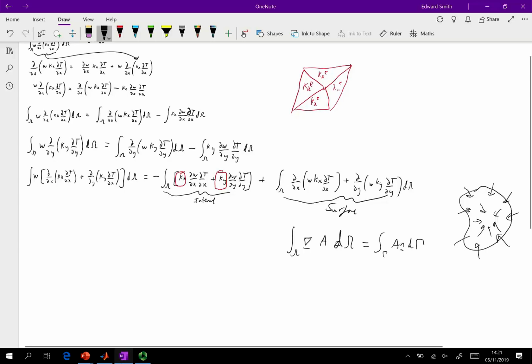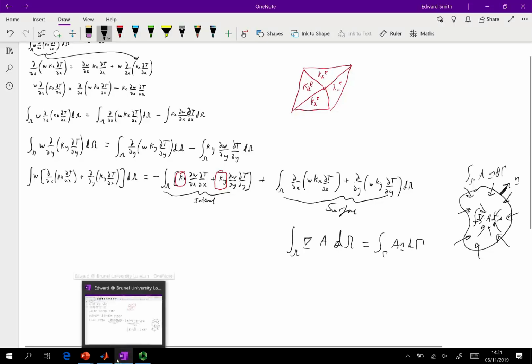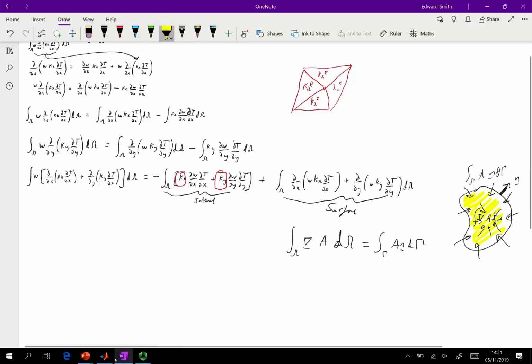So this is a statement that the divergence of A integrated over this volume is equal to the fluxes of A dotted with a normal, where this normal is essentially the normal vector in that surface, d gamma. So the reason I've written it in this form is just basically to show you another interpretation of the process.